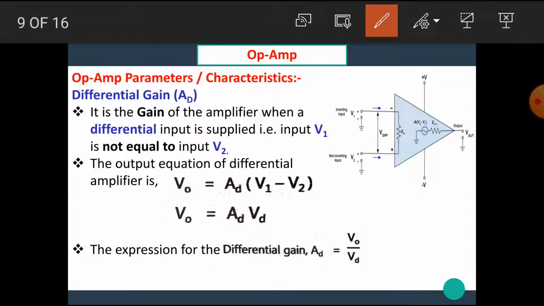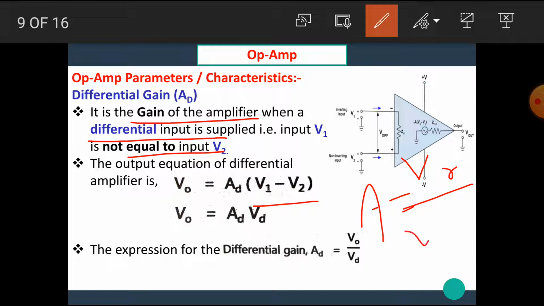It is the gain of the amplifier when differential input is supplied, that is input V1 is not equal to V2. The output equation of differential amplifier is V0 equal to AD (V1 minus V2). We know that the value of gain is equal to V out upon V in, but V in is available as V1 minus V2.